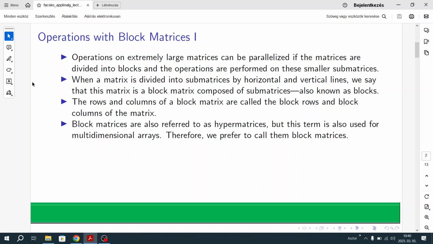Now it's understandable why you need computers for numerical simulation.